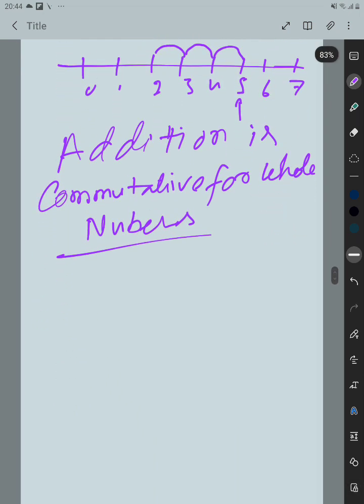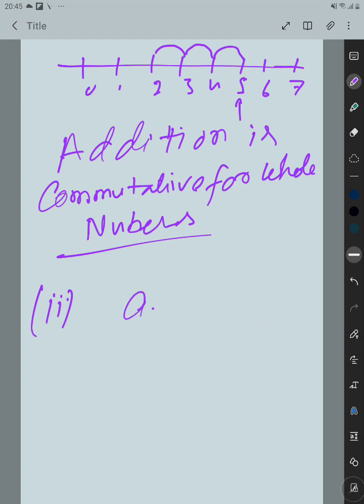Now we will go to subtraction, the second point. For subtraction, is it commutative or not?